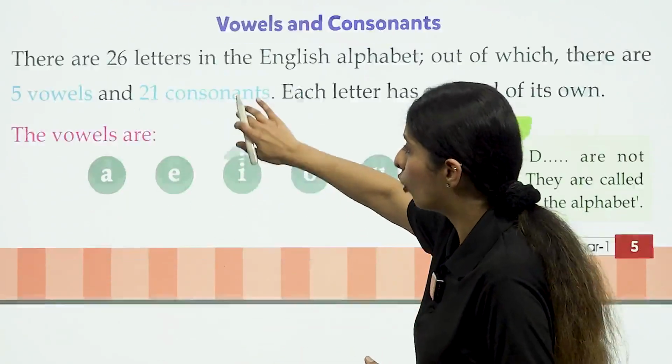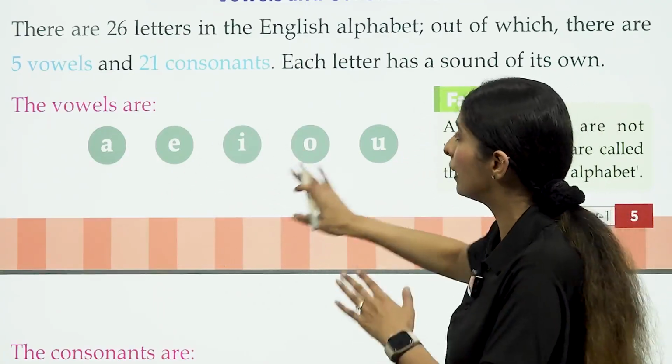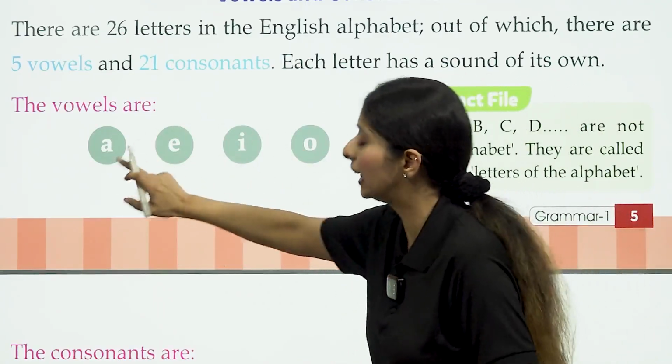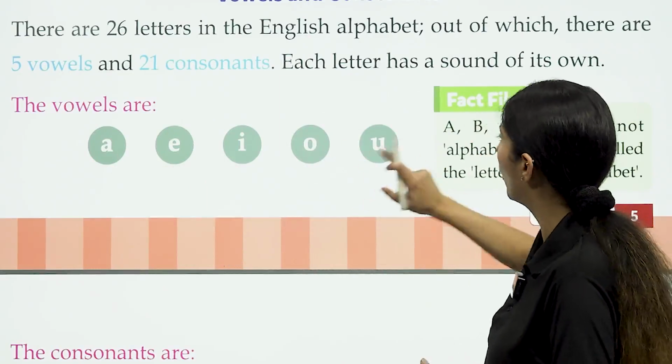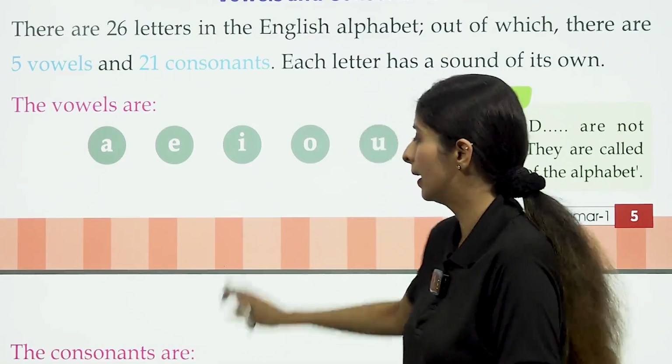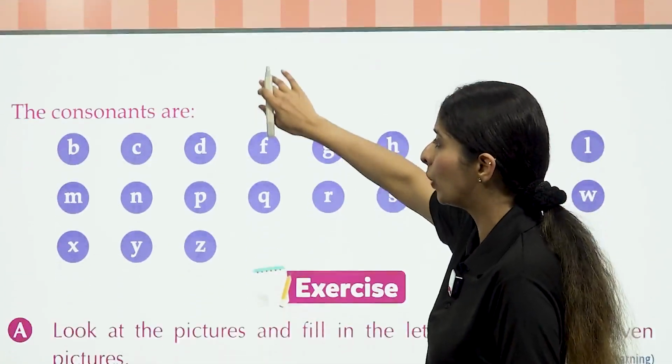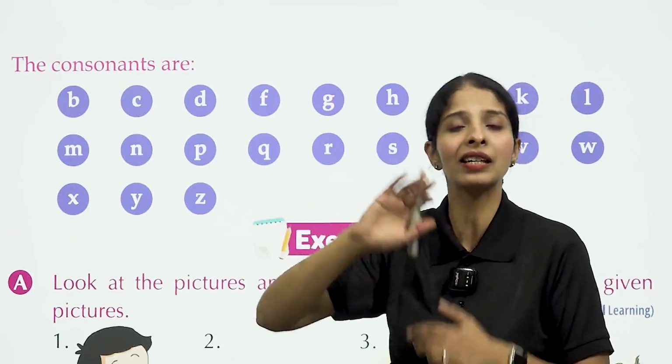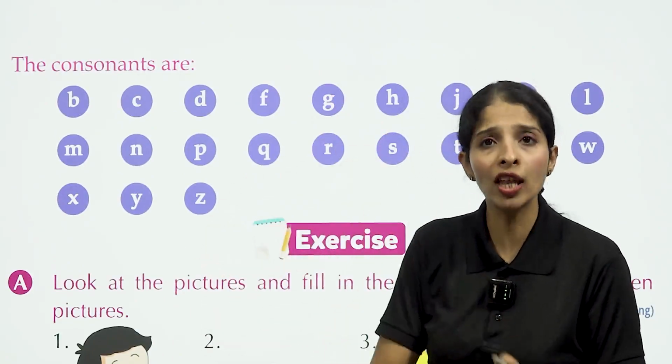So, the 5 vowels are A, E, I, O, U. These are the 5 vowels. Now the remaining 21 letters in the alphabet are consonants.